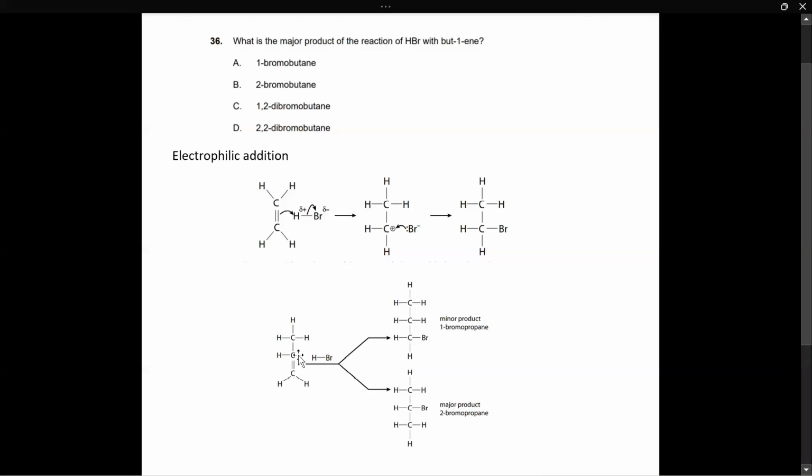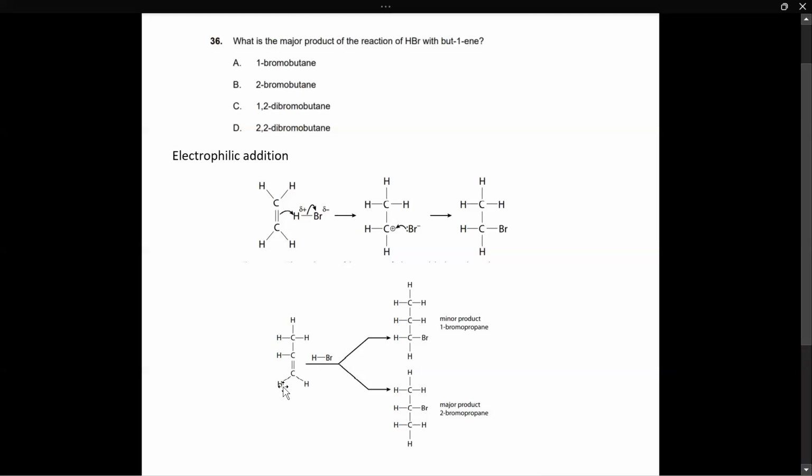And this positive charge on carbon number 2 will make this molecule more stable than if the positive charge was on carbon number 1. And the positive charge on carbon number 1 will come if this hydrogen chooses to attach to carbon number 2.